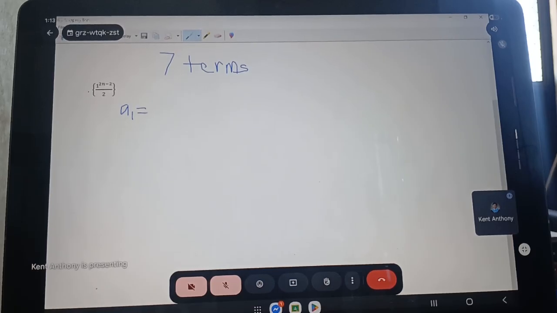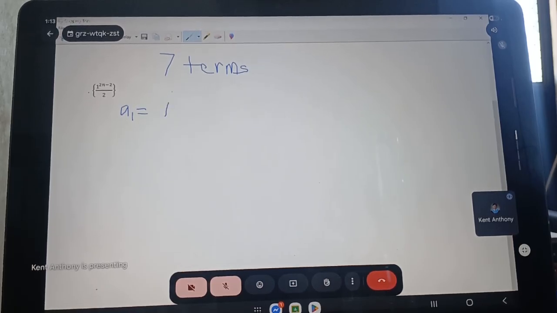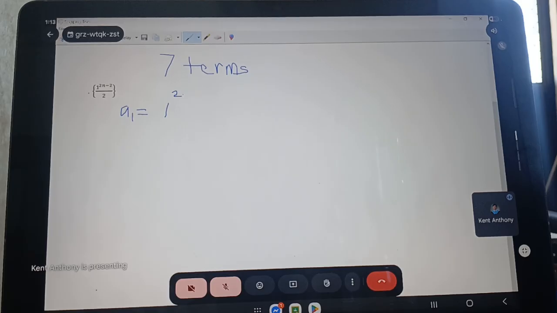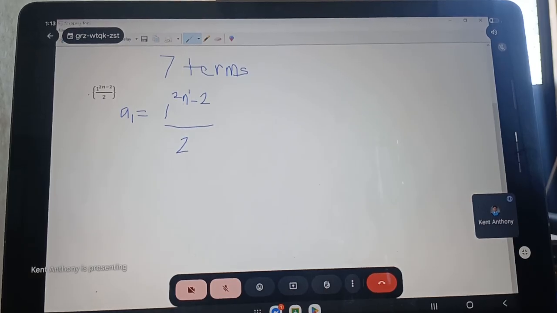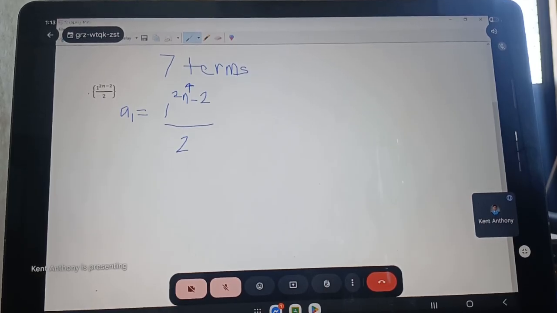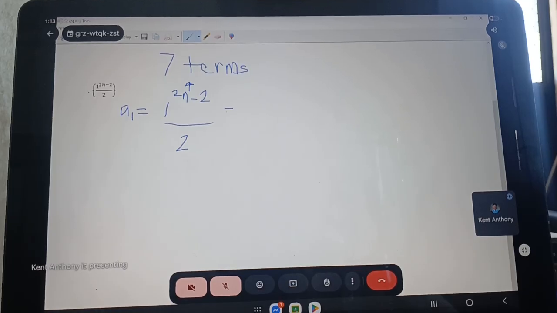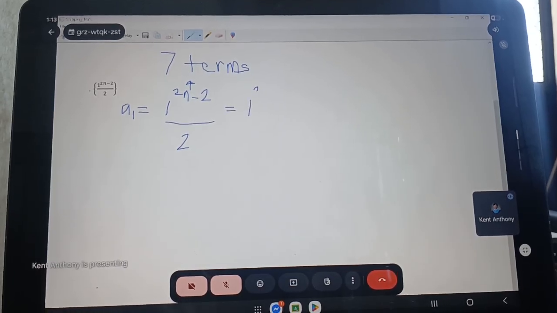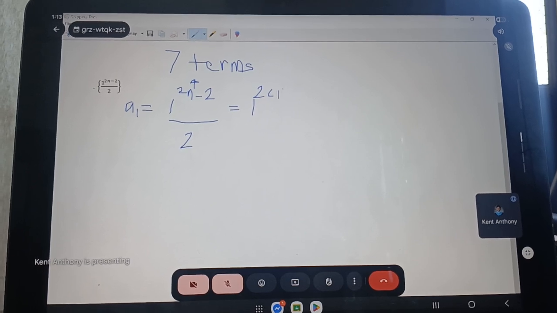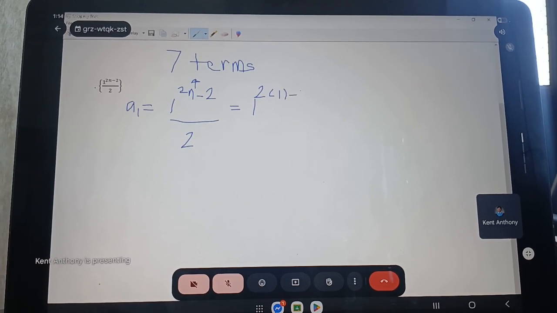is equal to 1 raised to the exponent of (2n minus 2) all over 2. And because n should be equal to the first term, it becomes 1 raised to the exponent of 2 times 1, minus 2, all over 2.